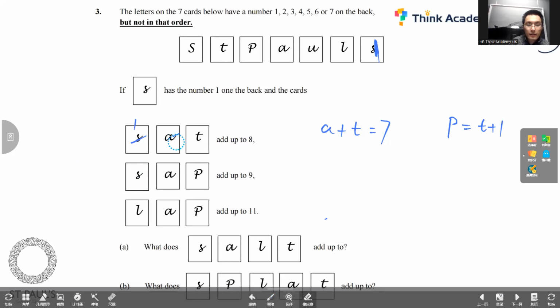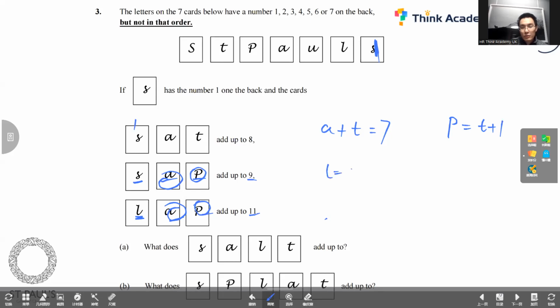This is what we get, okay? And at last, looking at the third condition given to us, L plus A plus P adds up to 11. So again, A and P are the same, no difference. The difference comes from the S and L, okay? And L adds up to a larger number, meaning L is larger than S by 2, because 11 minus 9 is 2.